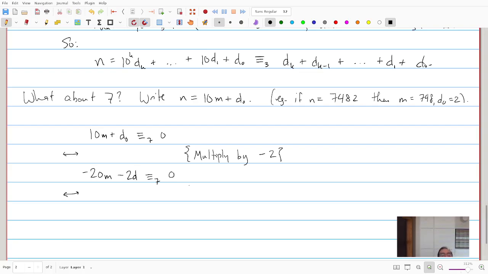Right, this is definitely so, because minus 20 is equivalent modulo 7 to 1. It's 1 more than negative 21, which is a multiple of 7. So this is m minus 2d0.